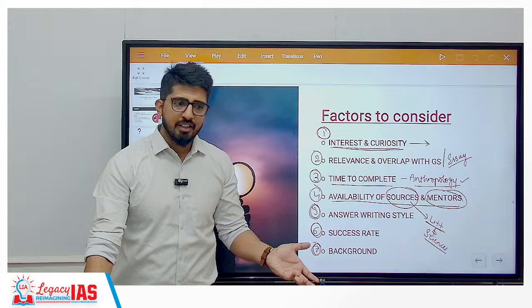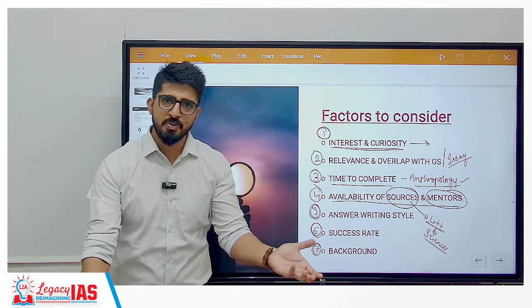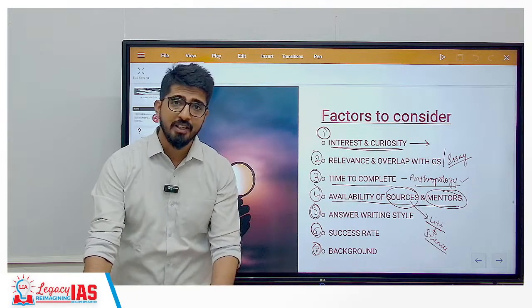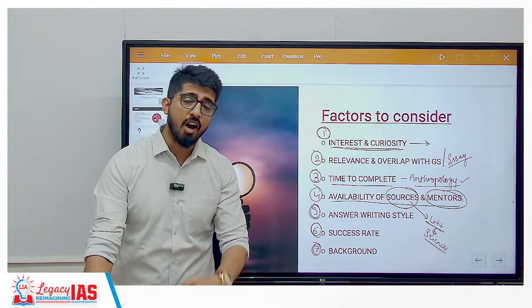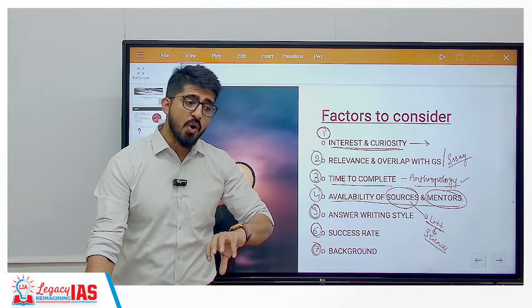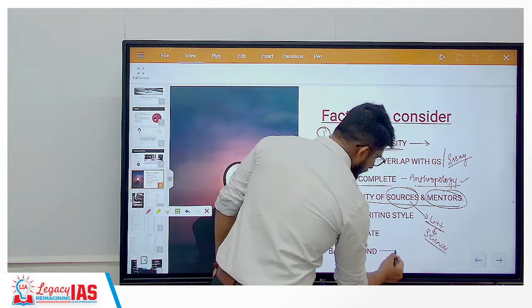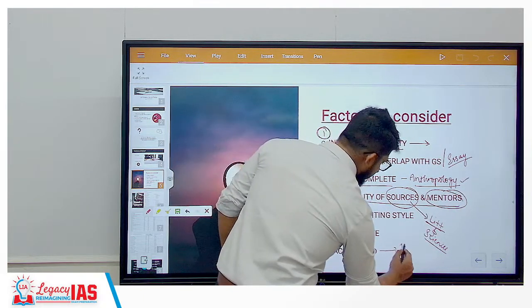Somebody has a commerce background. Can I take commerce and accounts as an optional? Now, that depends on how you performed or how you learned the subject during your graduation. If you were outstanding during your graduation, then you have to do one thing. You just look at the PYQs.